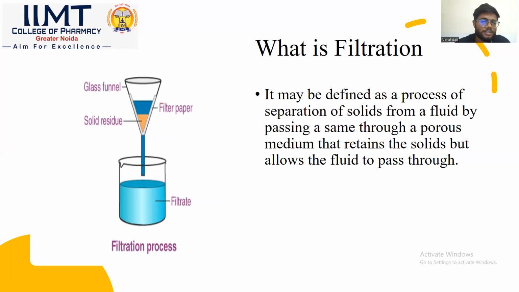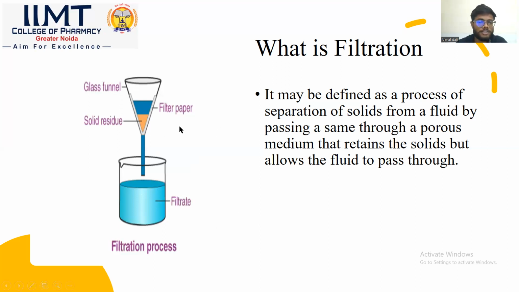And this is a common assembly used for filtration. Here, first of all, we use a glass funnel as a support, and then filter paper as a filter medium, and then solid residue which is collected over the filter paper, and lastly the filtrate, that is the clear liquid obtained after the filtration.